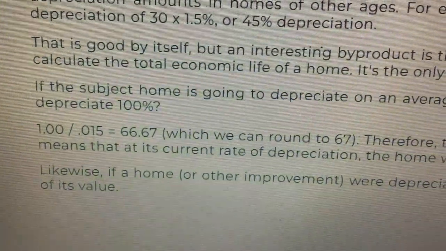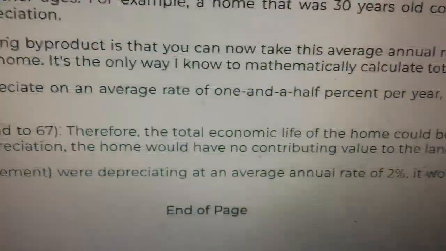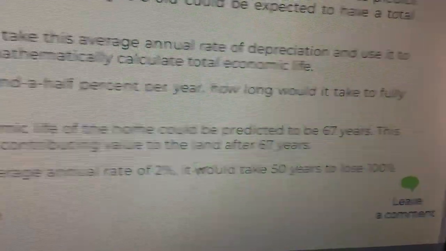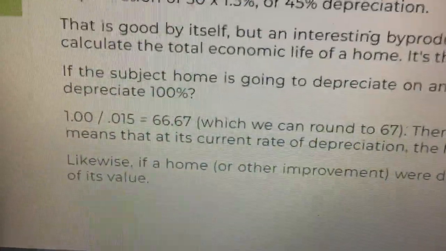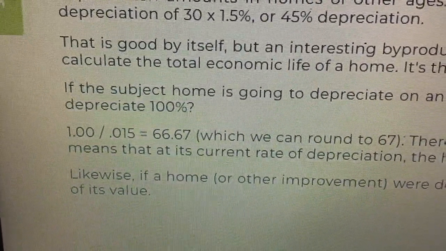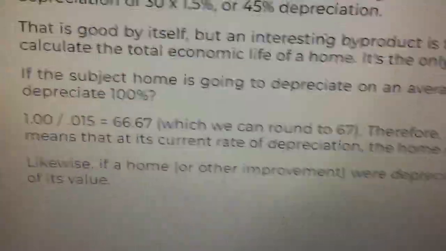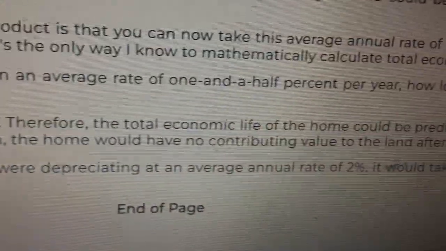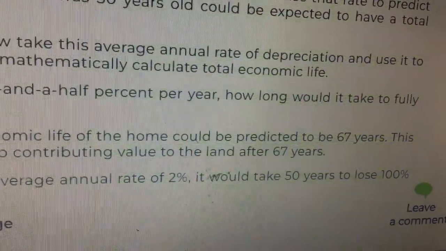If the subject home is going to depreciate on an average rate of 1.5% per year, how long would it take to fully depreciate 100%? 1.00 divided by 0.015 equals 66.67, which we can round to 67. Therefore, the total economic life of the home could be predicted to be 67 years.